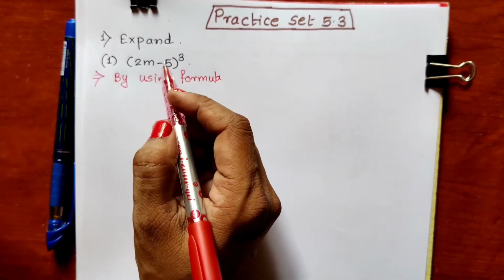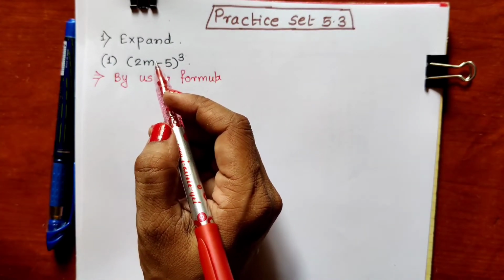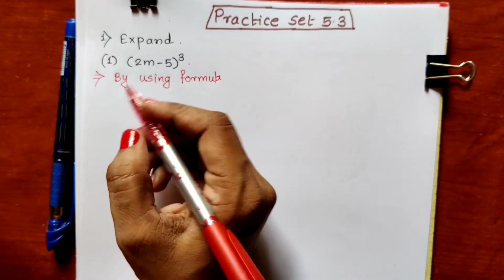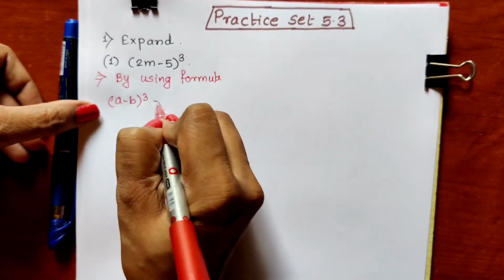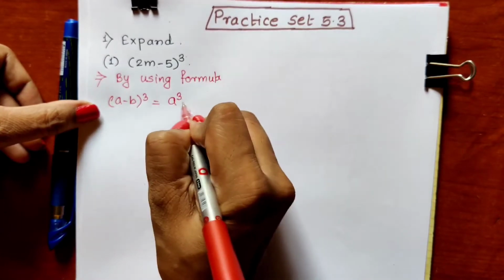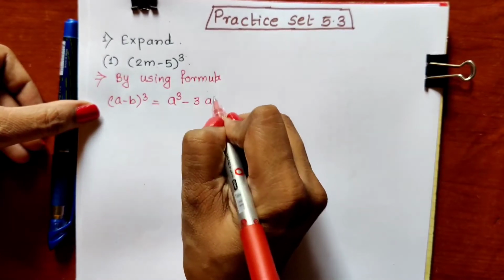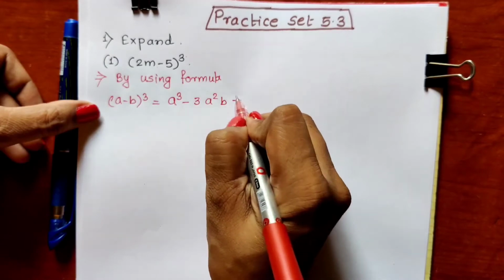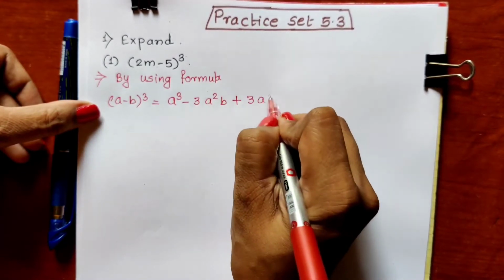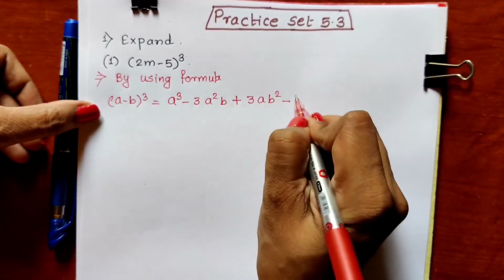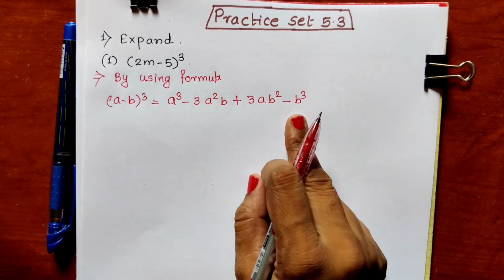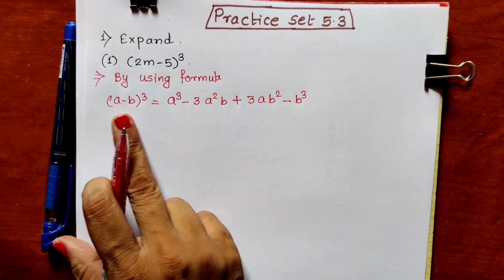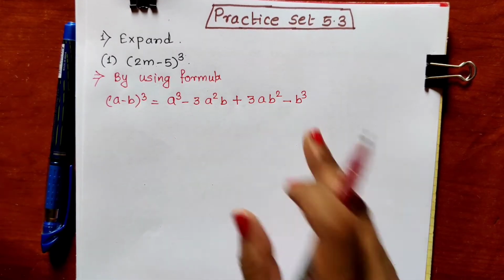As a minus sign is there, we will be writing the formula of (a − b)³, which is a³ − 3a²b + 3ab² − b³. First sign is minus, second plus, third minus. And when (a + b)³ is there, all signs are plus signs.